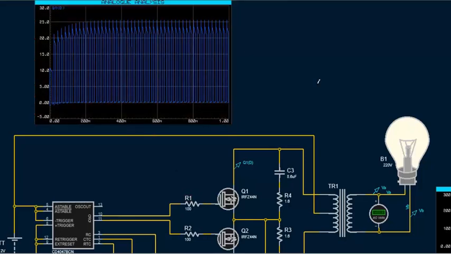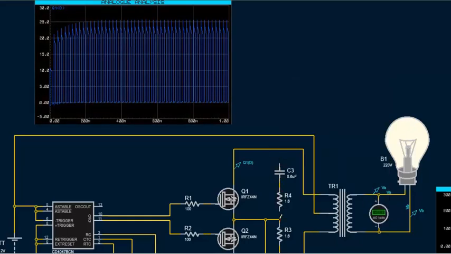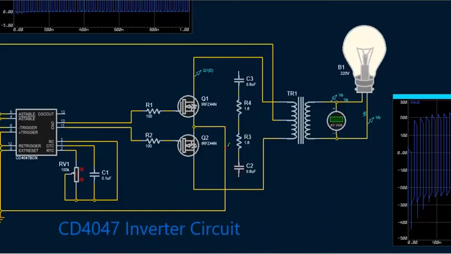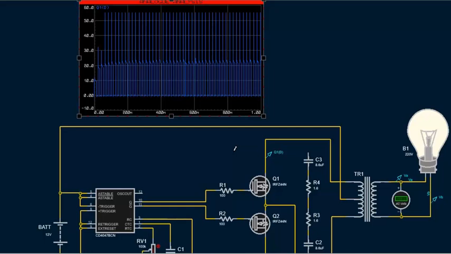To demonstrate the RC snubber circuit role again, I will remove the snubber circuit connection and redo the simulation. As you can see, the high voltage appeared again.